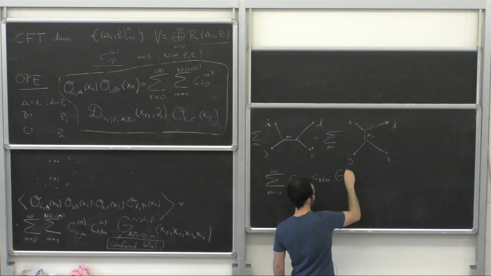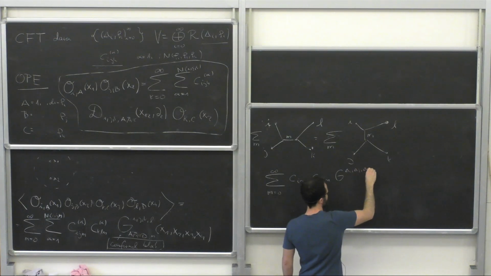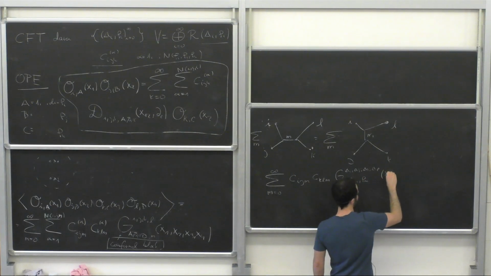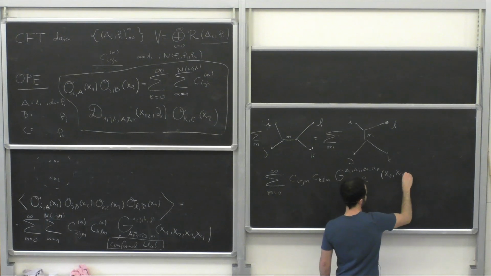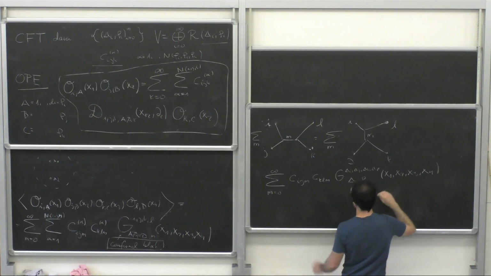So here it just depends on the delta I, delta J, delta K, and delta L, delta M and rho M, X1, X2, X3, X4. So that's the left-hand side.